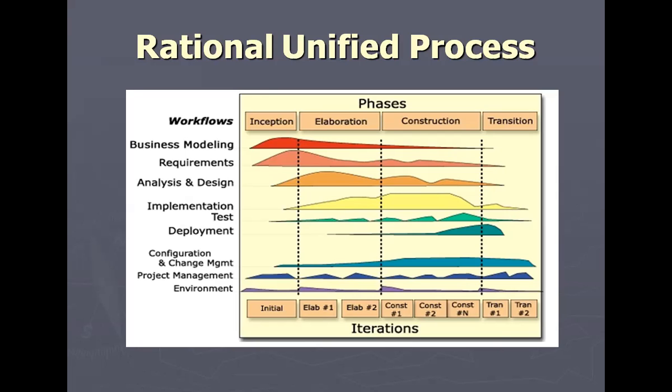The maximum work of implementation will be done in the elaboration and construction phases, and test will be done a little in every phase, with the maximum in the construction phase. In deployment, the work in construction will be very high. For configuration and change management, the work will be very high in the transition phase. In this way, the different phases work.